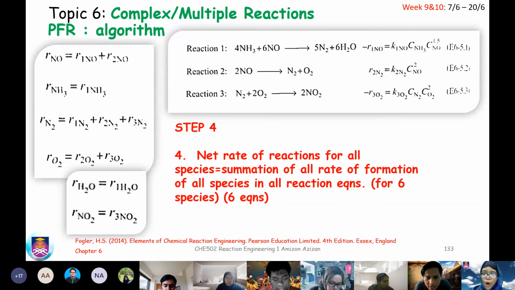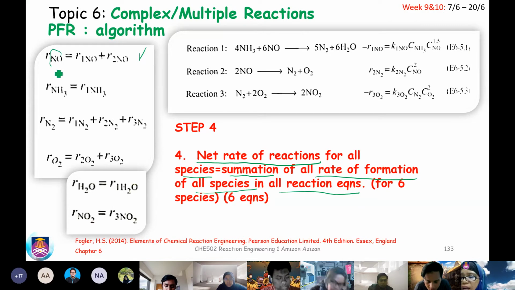Step number 4. Now we're going to write the net rate of reaction for all species. Simply the summation of the rate of formation of each species in all reaction equations. This is the one that we have practiced earlier. Nitrogen exists in reaction number 1, yes. Reaction number 2, yes.